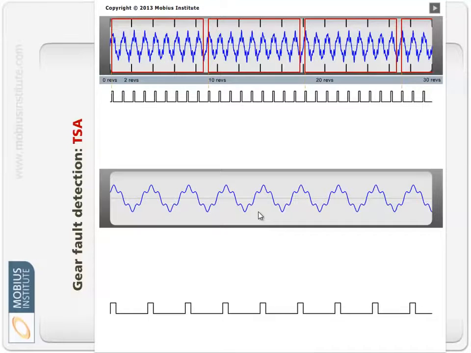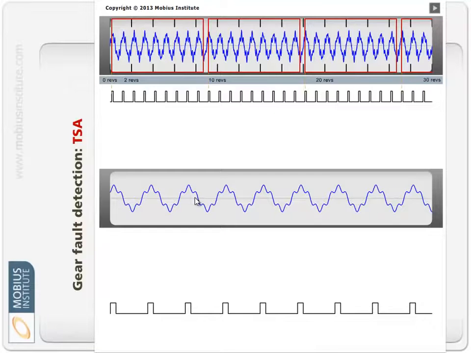But what happens is if you average those, well, in this case we've just got 3, but let's assume we did it 100 times. It takes quite a few of these averages to weed out the data. What happens is anything that's not synchronous with our once per revolution tack signal gets averaged away.